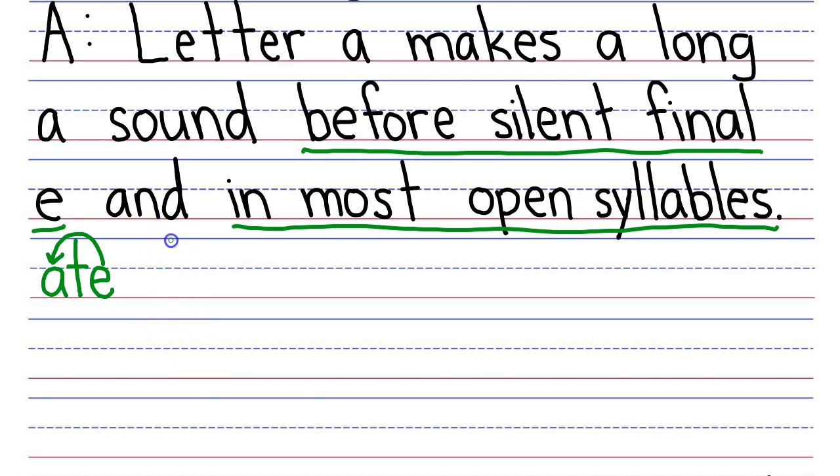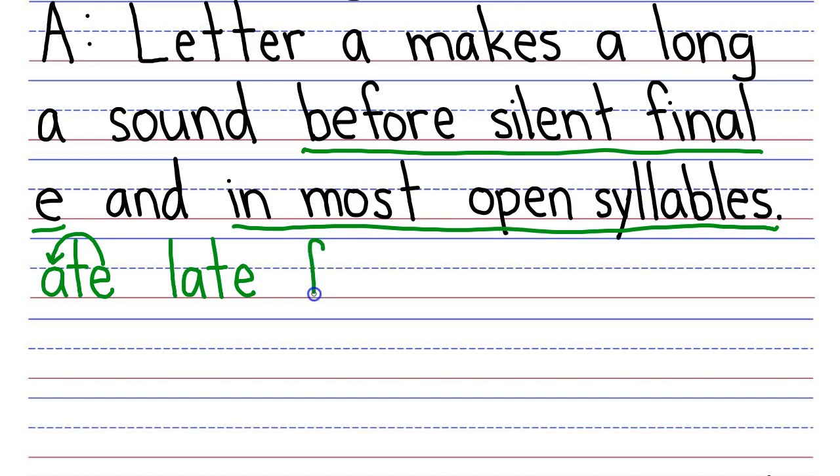Late. Here we have an L that says L, an A that says A, a T that says T, and a silent final E to ensure that we know that the A makes its long sound. L, A, T, silent final E. Next word, fame.